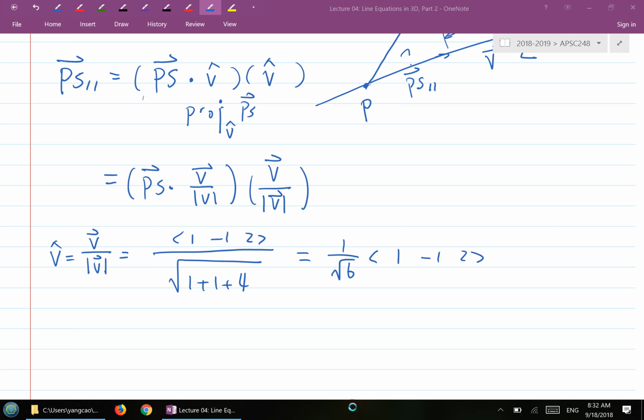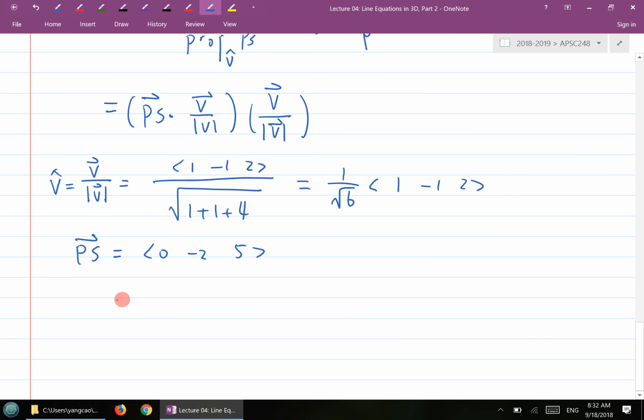PS we have already calculated, so let me write it down here again. And the rest of things are just straightforward calculation now. You calculate the dot product, so calculate this guy dot the V hat.